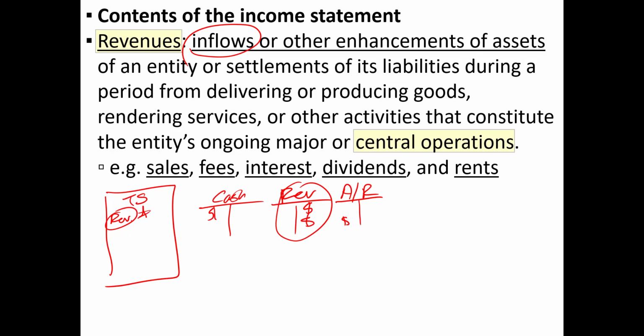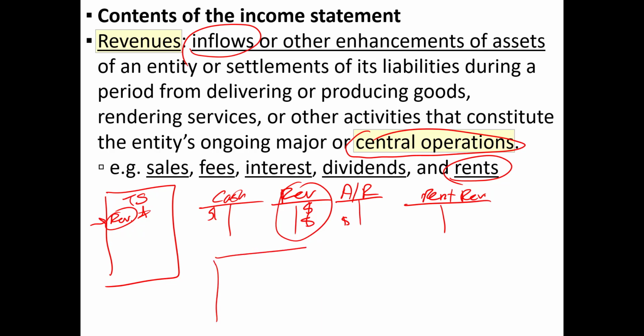Generally, the revenue that you see up at the top represents revenue from central operations. You could have, for instance, let's just say there's an account called rent revenue. Now, that may not be part of our sales revenue or service revenue, but why would we potentially have rent revenue?